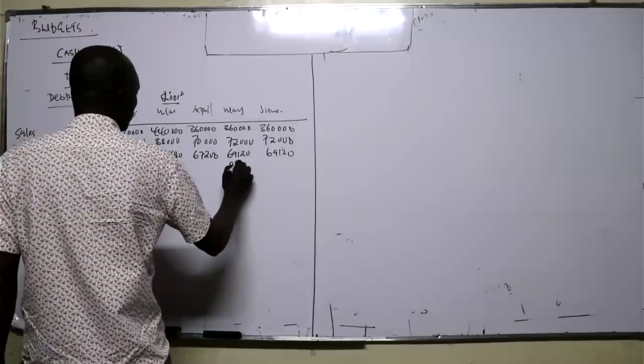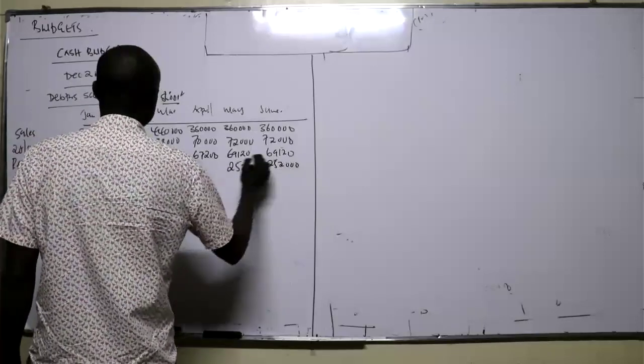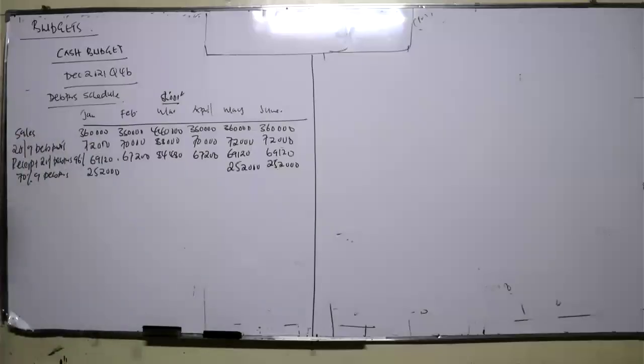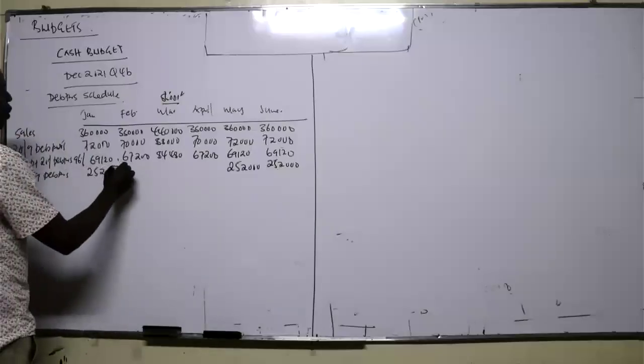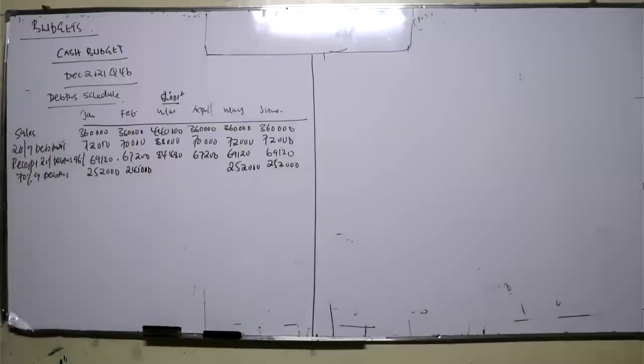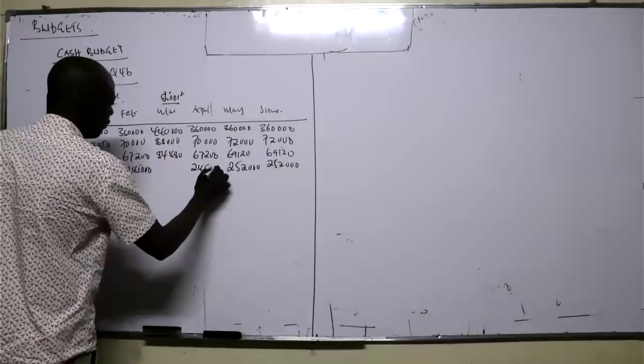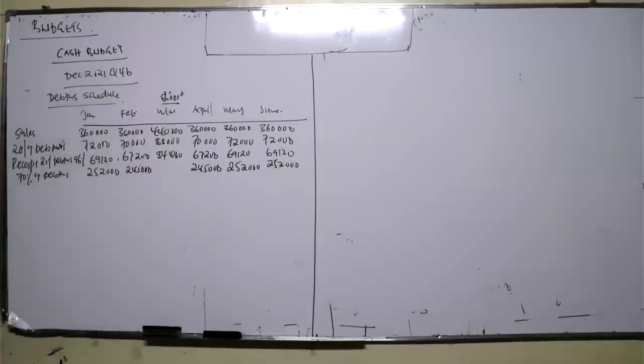So this one will also be 252. This other one, February, 245. I hope you've taken 70% of 350, isn't it? This is 245. Then 70% of 440.